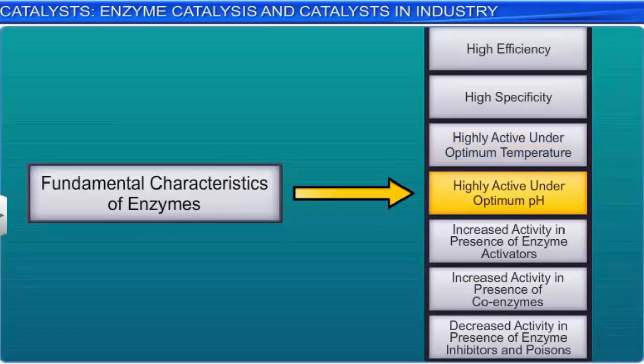They show increased activity in the presence of enzyme activators and coenzymes, and a decreased activity under the influence of enzyme inhibitors and poisons. Let us study each characteristic in detail. We will first discuss the efficiency feature of enzyme catalysts.